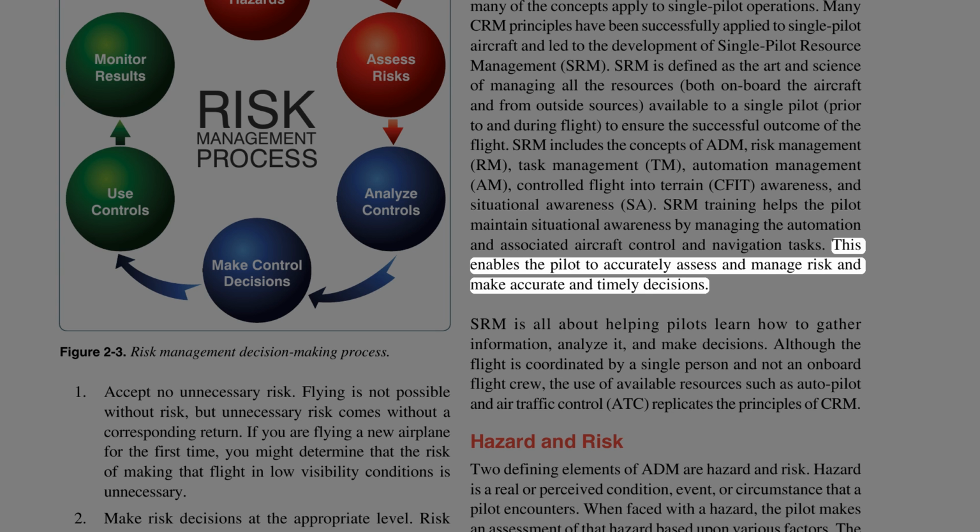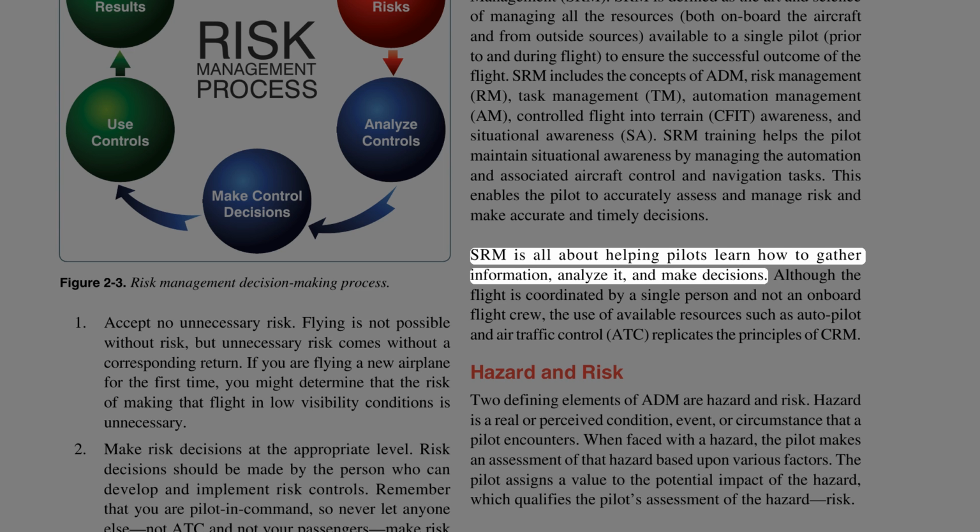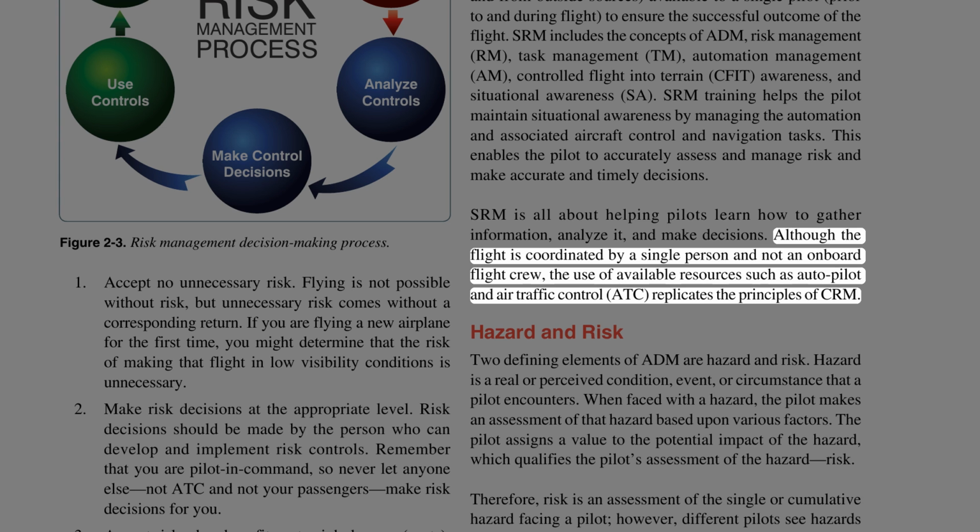This enables the pilot to accurately assess and manage risk and make accurate and timely decisions. SRM is all about helping pilots learn how to gather information, analyze it, and make decisions. Although the flight is coordinated by a single person and not an onboard flight crew, the use of available resources such as autopilot and air traffic control (ATC) reflects the principles of CRM.